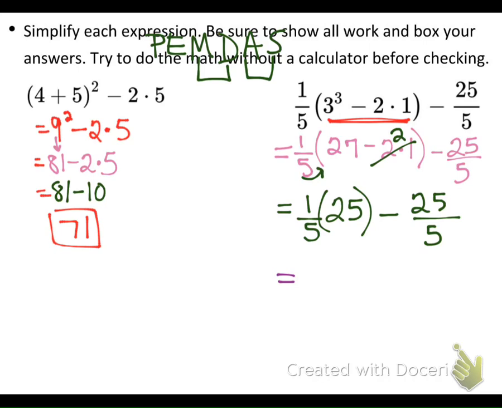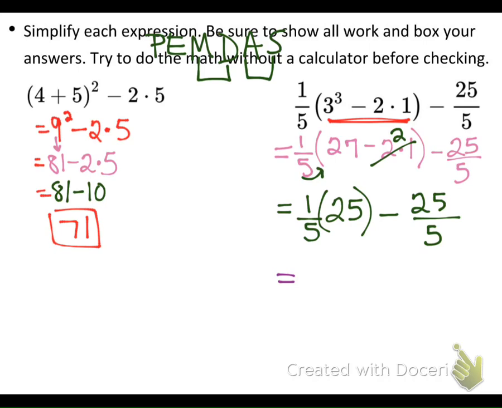Oh, yeah, I have both. I have 1/5 times 25, and I have 25 divided by 5. I'm going to do those at the exact same time. Well, not at the exact same time, but in the exact same step. So in your calculators, you all have a fraction button. So you're going to take one ABC button, 5, times 25.